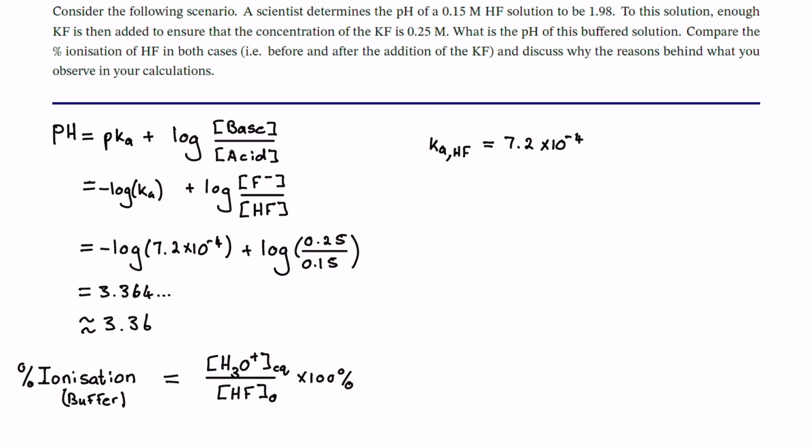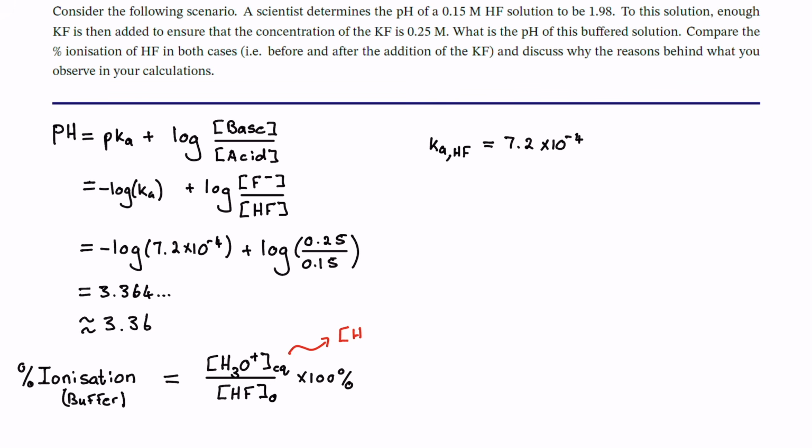We know that the concentration of the acid is given as 0.15 molar. And to get the hydronium ion concentration, whenever we have the pH, we can calculate it.